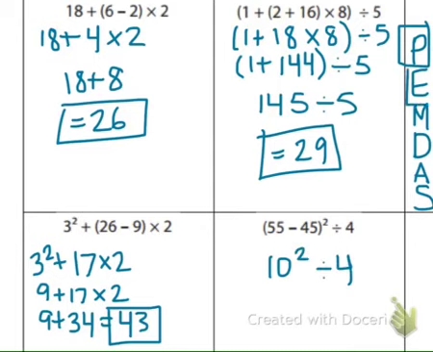Next step is exponents. We do have an exponent. 10 squared is 100. And that's divided by 4. I should always write equal signs along the side, even though I haven't been doing that. And then 100 divided by 4 is 25.